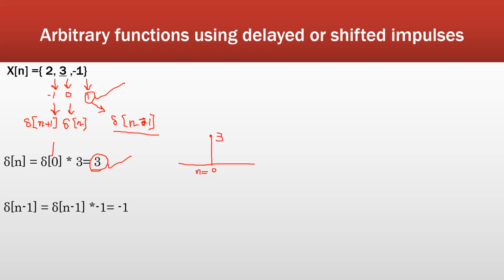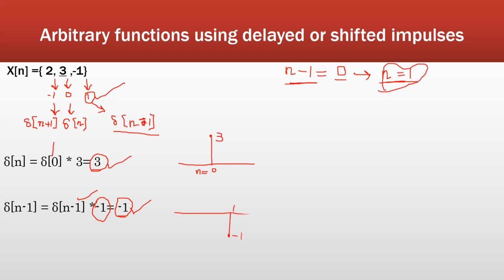At index 1, its value is minus 1, so it is multiplied with minus 1 and giving an answer of minus 1. That means n minus 1 equals 0, n equals 1, meaning we are going to get an impulse of minus 1 at n equals 1, like this.